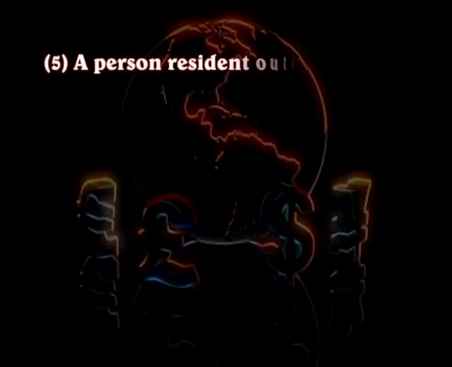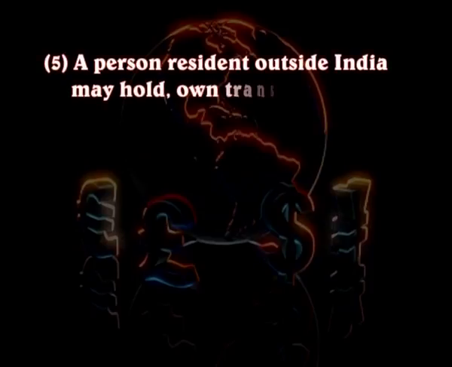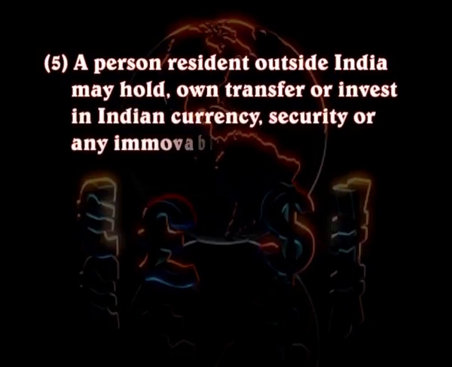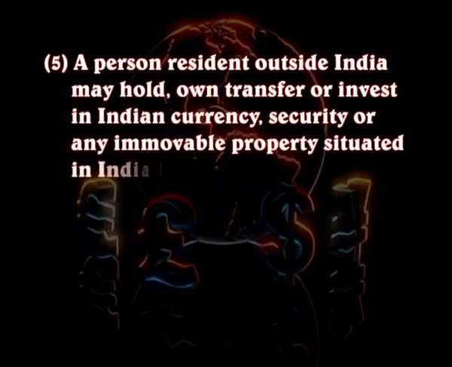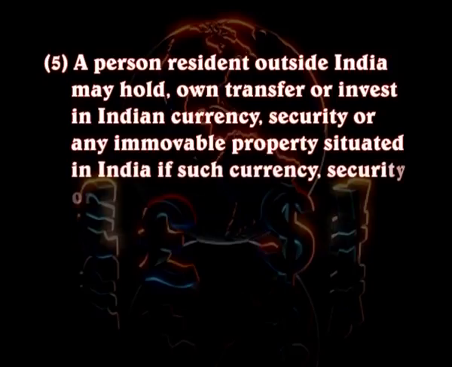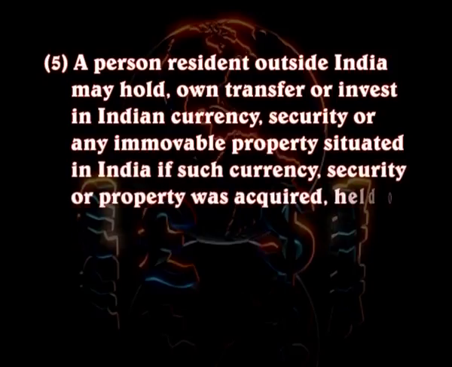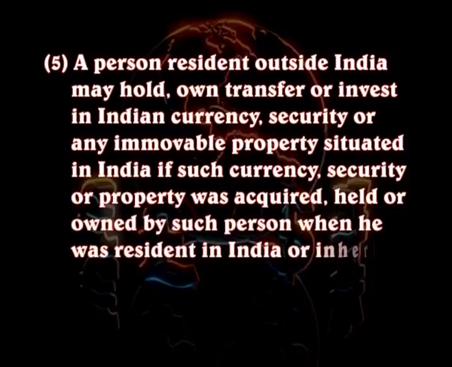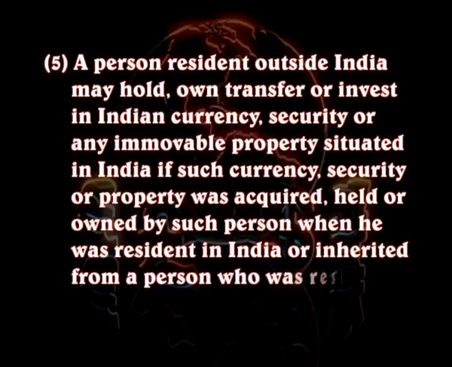A person resident outside India may hold, own, transfer or invest in Indian currency, security or any immovable property situated in India if such currency, security or property was acquired, held or owned by such person when he was resident in India or inherited from a person who was resident in India.